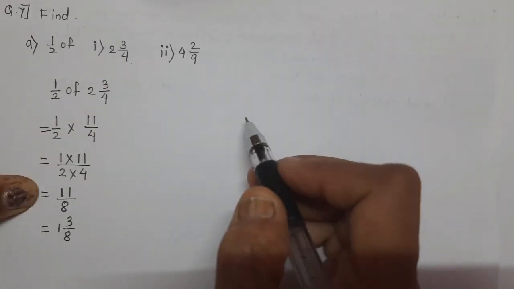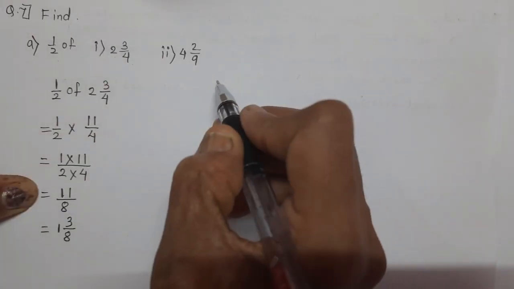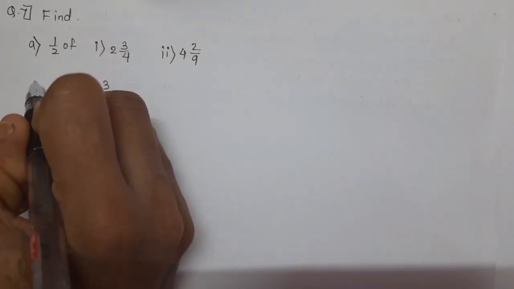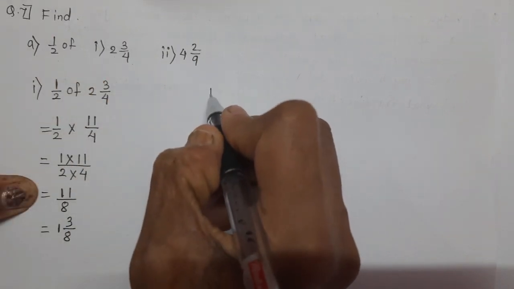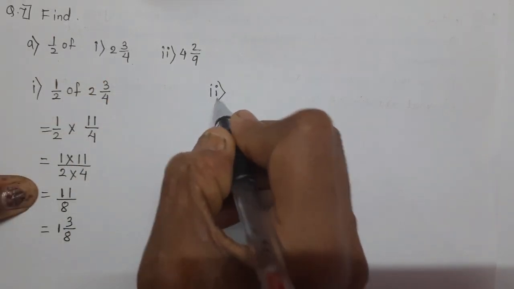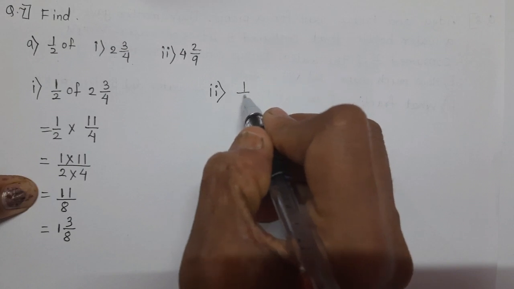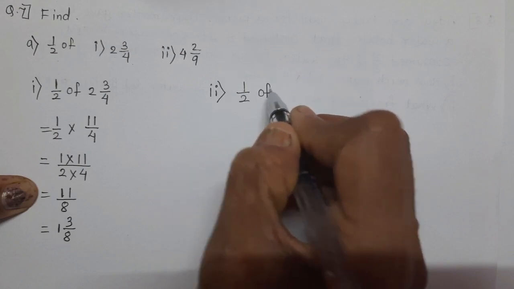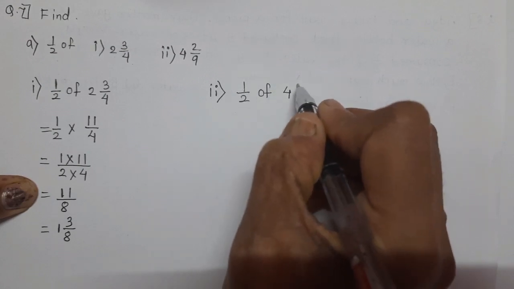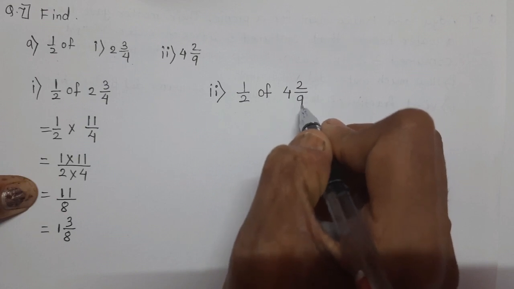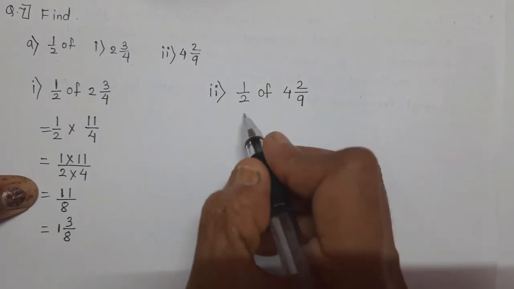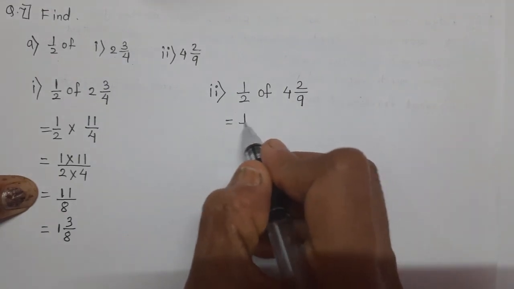Okay, now we will solve the second one. See, first we have solved this first one. Now we will solve the second one. What is the second one? Half of 4 integer 2 upon 9. Okay, so write here 1 upon 2 as it is.